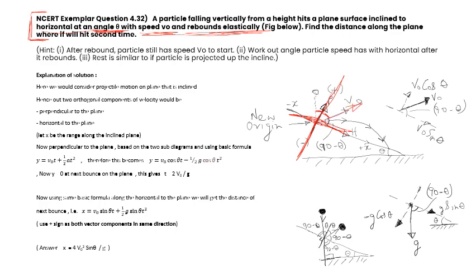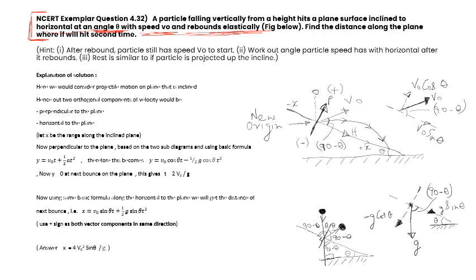So when it rebounds back, it will have the same speed v0. If it falls with v0 here at an angle, let's say alpha, it will again make an angle alpha with the normal of the surface when it rebounds back. So this is what is elastic rebound.